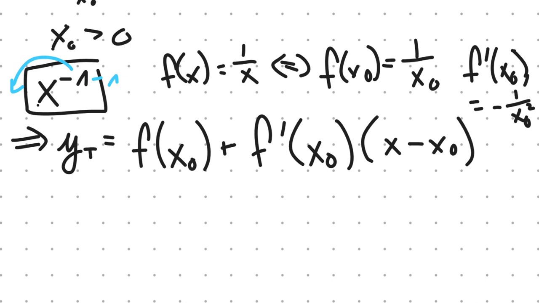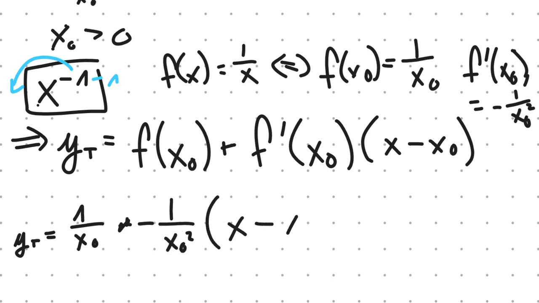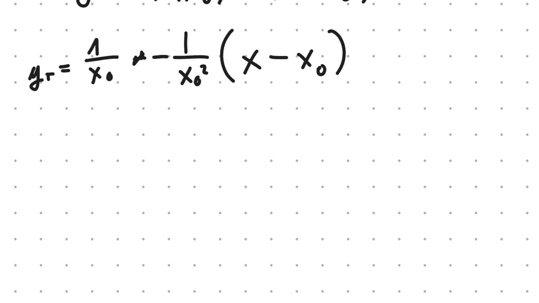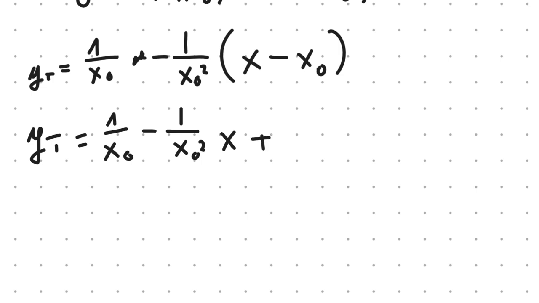Okay, now we're going to plug all of that in over here. So we'll get 1 over x naught plus negative 1 over x naught squared, and then parentheses x minus x naught. Since we have this, we can just calculate the whole thing. So y of t is 1 over x naught minus 1 over x naught squared times x plus, because minus minus, x naught divided by x naught squared, so we can cancel and we'll get 1 over x naught.